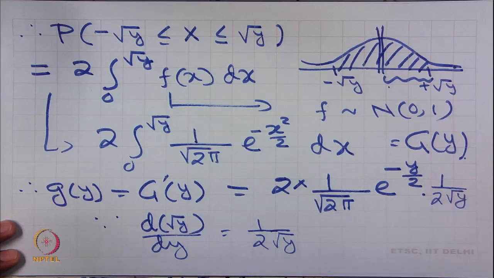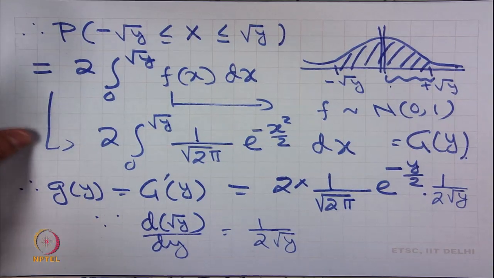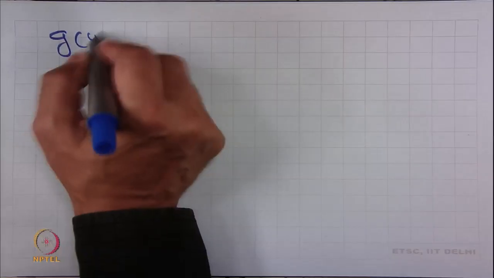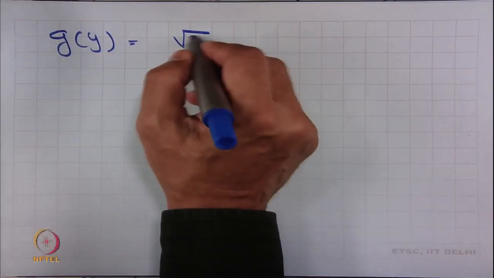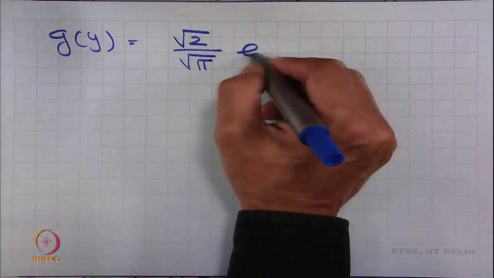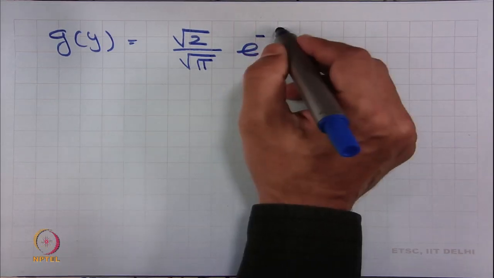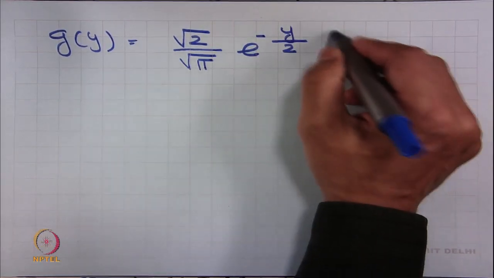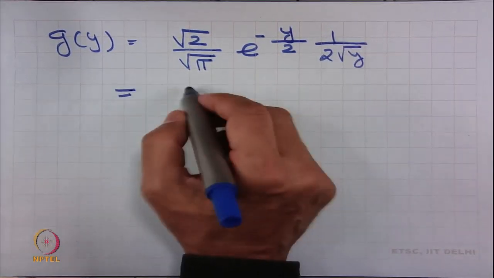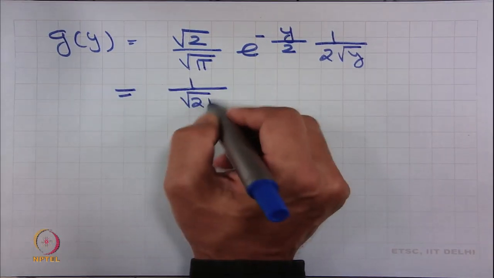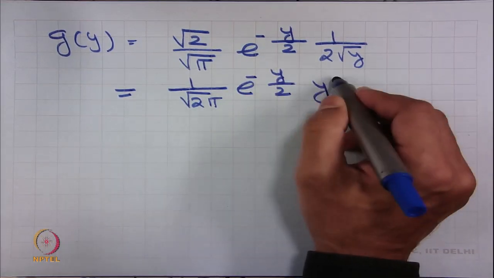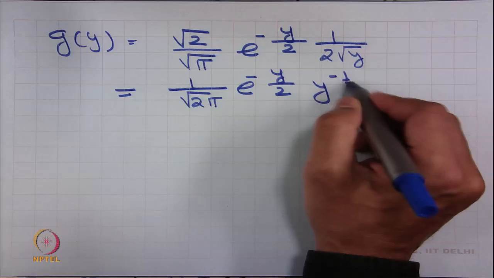So we replace this value here. Therefore, what do we get? We get g of y is equal to root 2 upon root pi e to the power minus y by 2 into 1 upon 2 root y, which on simplification becomes 1 over root 2 pi e to the power minus y by 2 y to the power minus half.